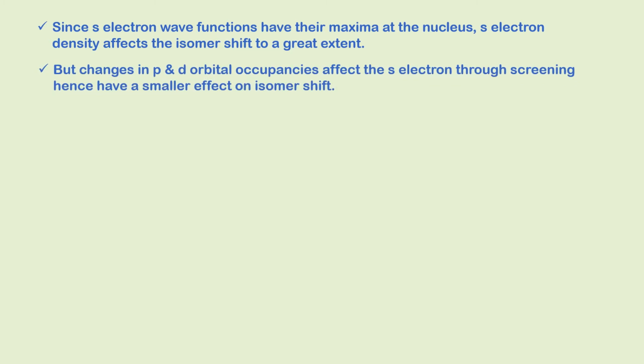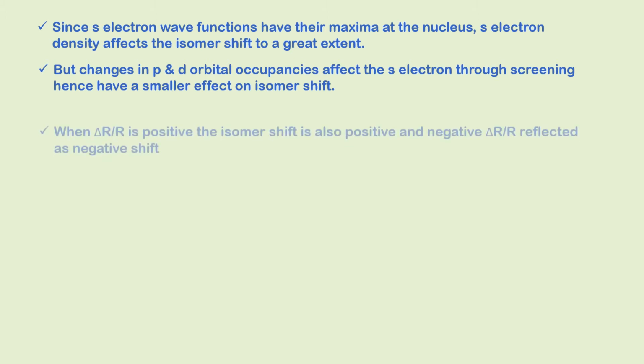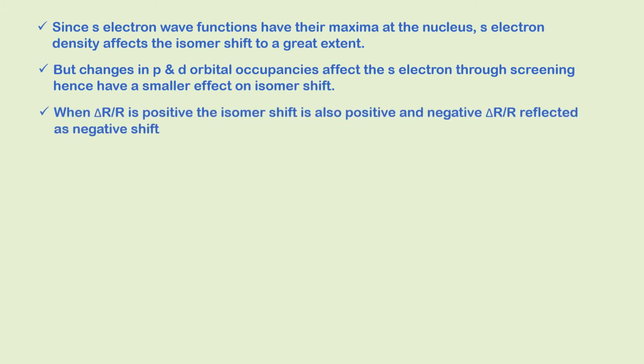But changes in p and d orbitals affect the s electrons through screening, hence have a smaller effect on isomer shift. Where delta R by R is positive, the isomer shift is also positive, and if it is negative, it reflects a negative isomer shift.